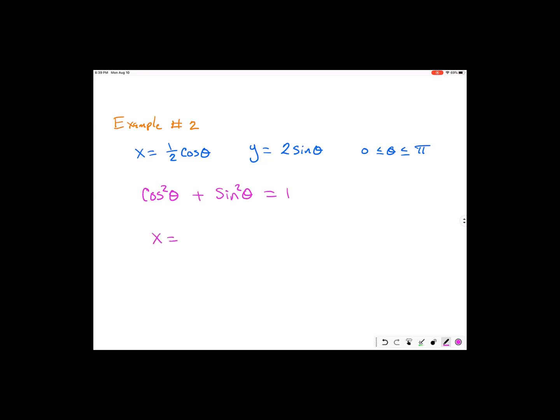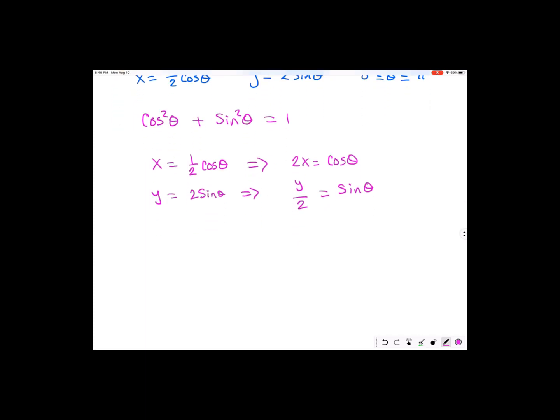So if I look at my x is equal to 1/2 times cosine of theta, and I solve that for cosine of theta, I get 2 times x is equal to cosine of theta. So all I did was take this equation and solve it for cosine of theta, multiplied both sides by 2. And I do the same idea to the y, so y equals 2 times sine of theta. That implies that y divided by 2 is equal to sine of theta.